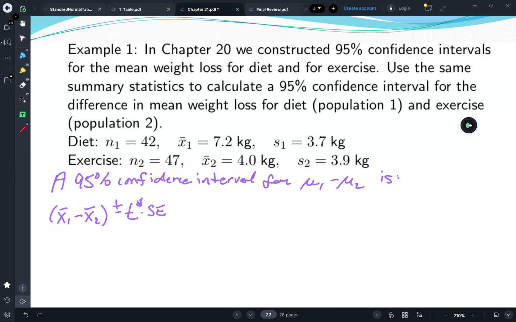Now, I usually do the standard error separate. You can put it all into one, but it's just a little bit easier to do the standard error separate because it's got that square root. The standard error is equal to the square root of s squared 1 over n1 plus s squared 2 over n2.